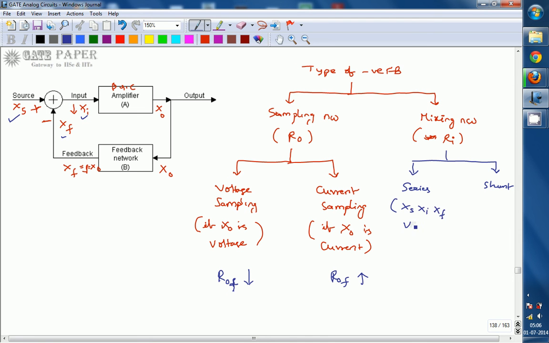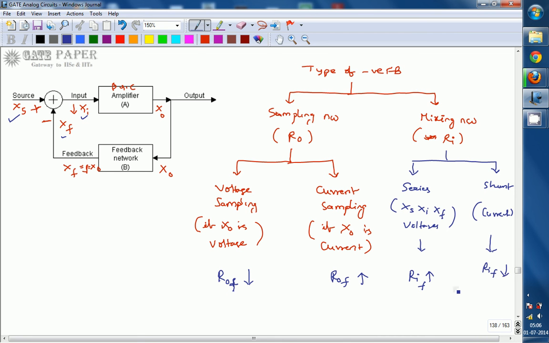If they are voltages, it is called series mixing. Shunt mixing is when they are currents. Series mixing increases the input impedance with feedback, RIF increases. Shunt mixing reduces the input impedance, RIF reduces.